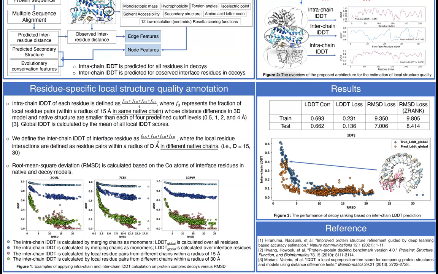We calculate the average ISMB loss over all the training targets and the test targets, and compared to the ISMB loss by the ZRank models, we can observe a slightly better performance. According to the results we're showing here, we can also see that the predicted global LDDT score by the intrachain LDDT is very close to the actual LDDT scores.